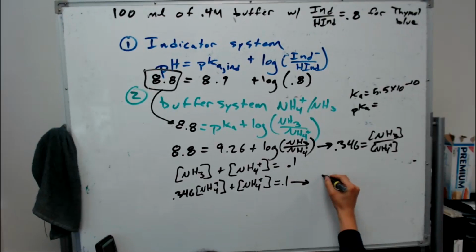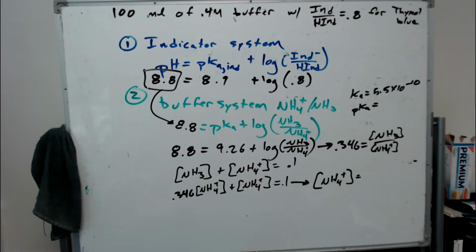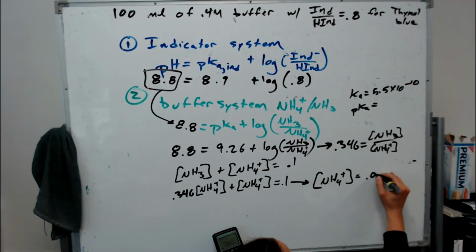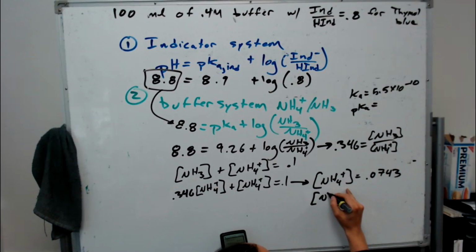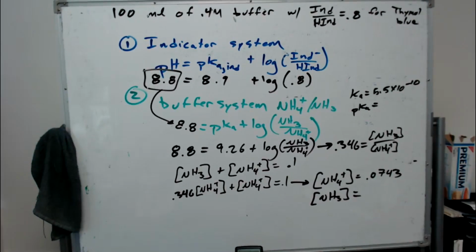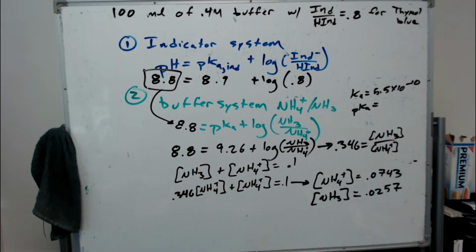That goes to NH4 plus equals. Then you know how many moles of OH you have. And then you figure out how much you lost. 0.7, 4, 3. Means my NH3 concentration is. So once you calculate your moles, then you have been added, so you create more.